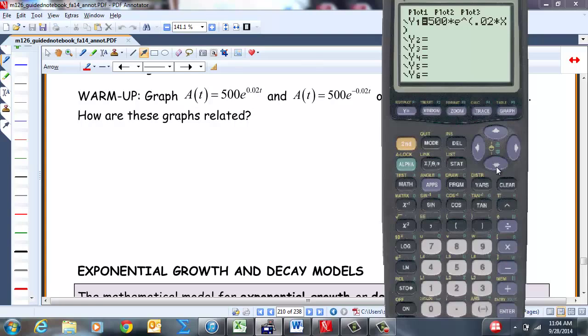And the second one was 500 times e to the negative 0.02 times x. All right, let's check them out.